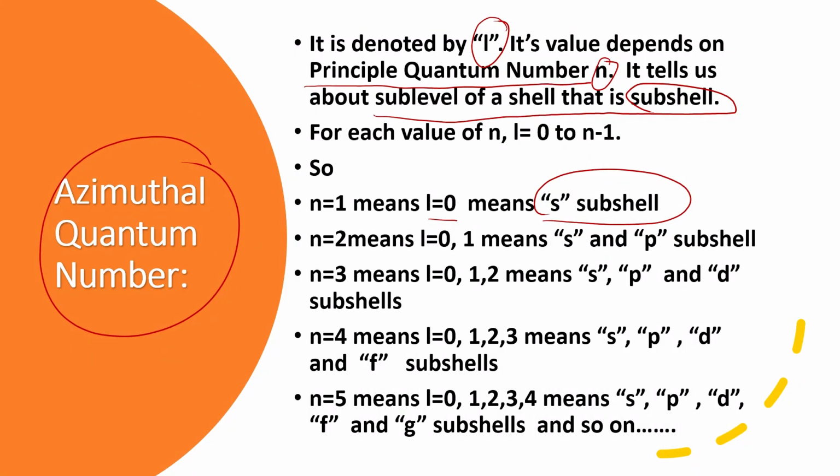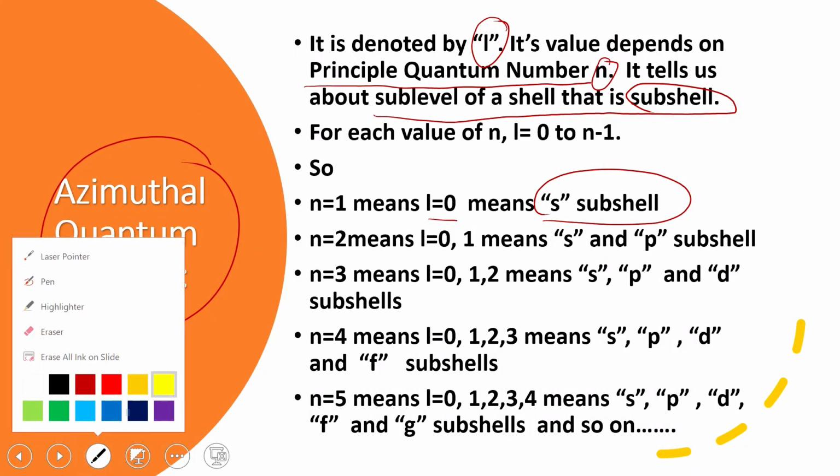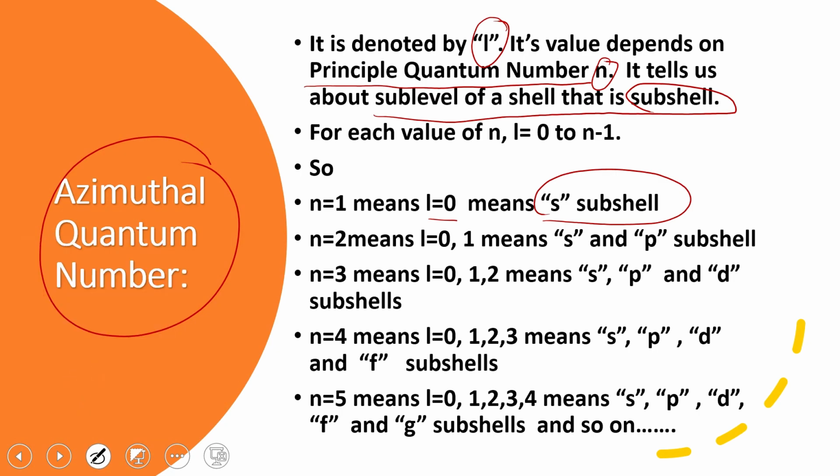Now suppose there are two s subshells, then we can say this is the first and this is the second subshell. Like that, s subshells are spherical in shape. So n equal to 1 means l equal to 0. Why?